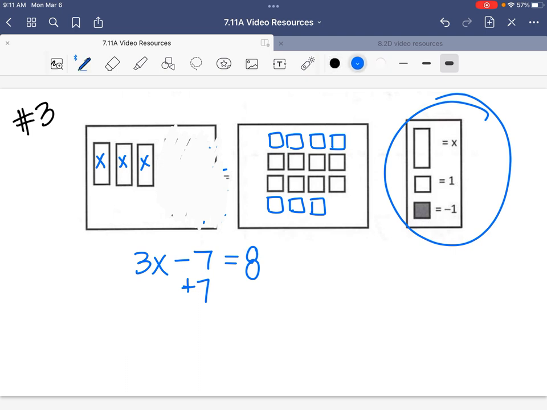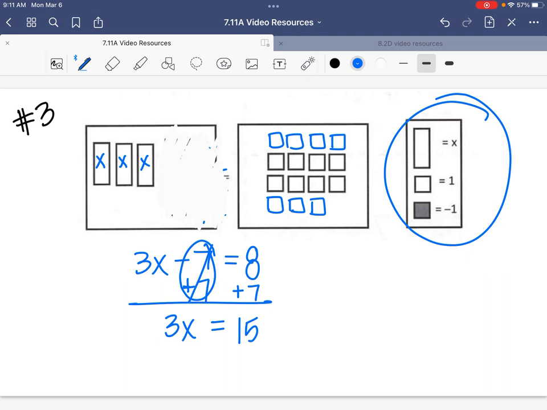And so what remains, because I put 7 positives on both sides, the negative 7 and positive 7 created a 0, which left me with 3 x's on the left-hand side, which was equivalent to 15 positives.